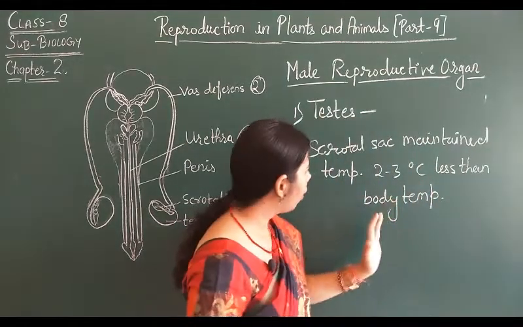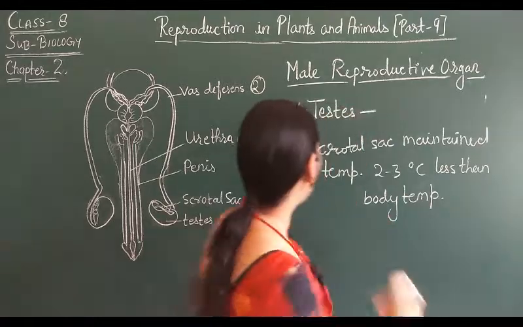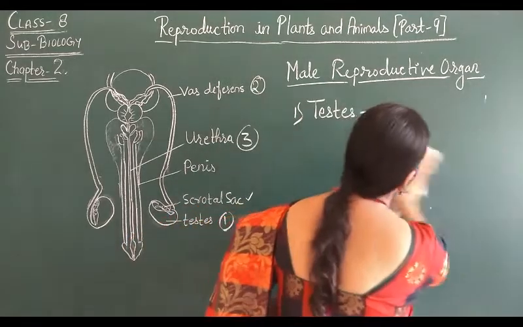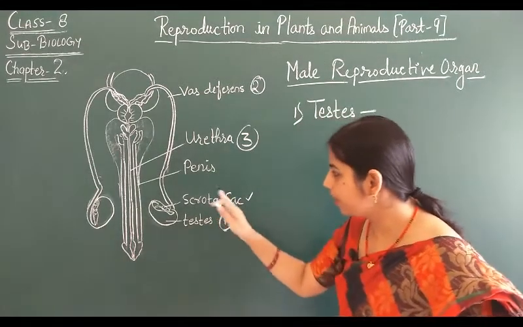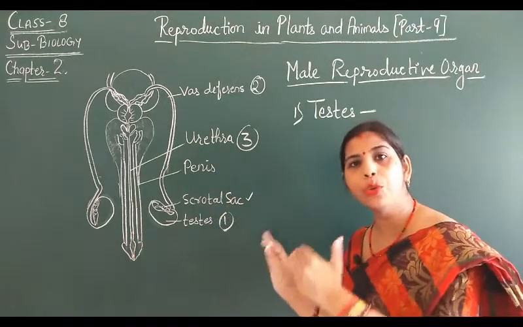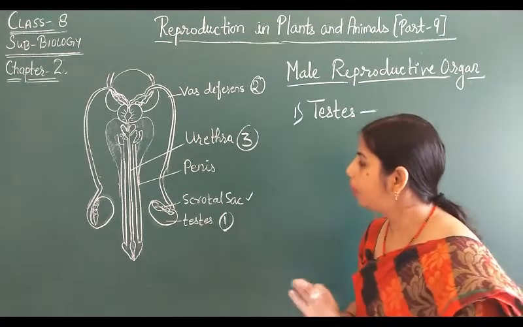Why? Because it is the optimum temperature for development of the sperm. That's why inside the scrotal sac, the temperature is 2 to 3 degrees less than our body temperature.